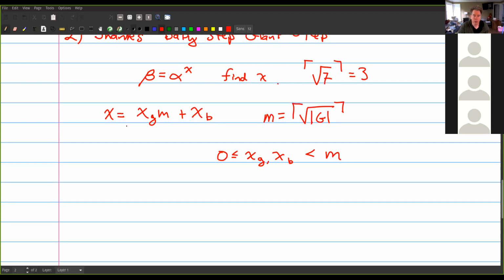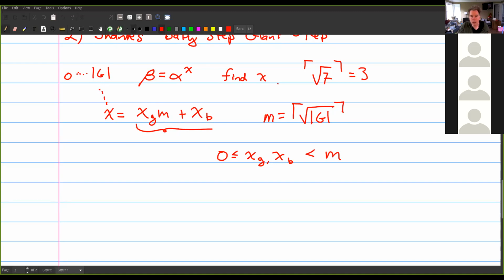And so there's nothing special about x. Any number can be expressed this way, and I'll do an example in a minute. But notice, what is x? X is something in the range from 0 to the cardinality of g. So can you really express enough numbers using this form?